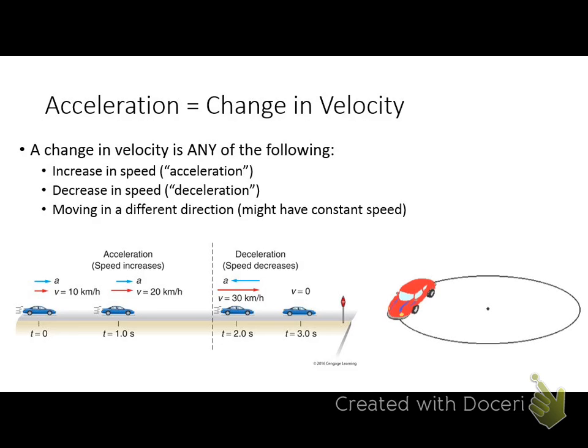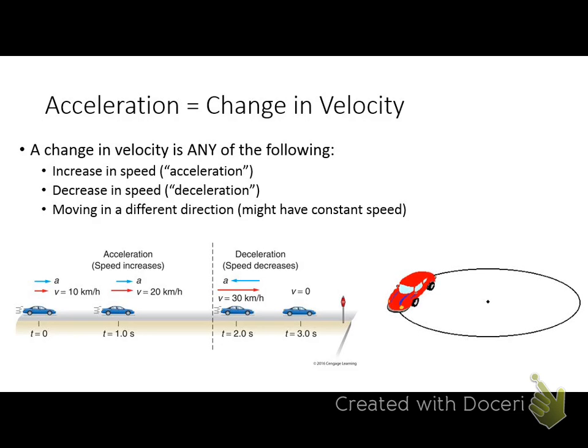In this case, a car, let's just say it's going at constant speed. Let's say it's going at 30 miles per hour in a circle. It's not changing its speed, but it's changing its direction. At any given point, the direction of the car looks like this.